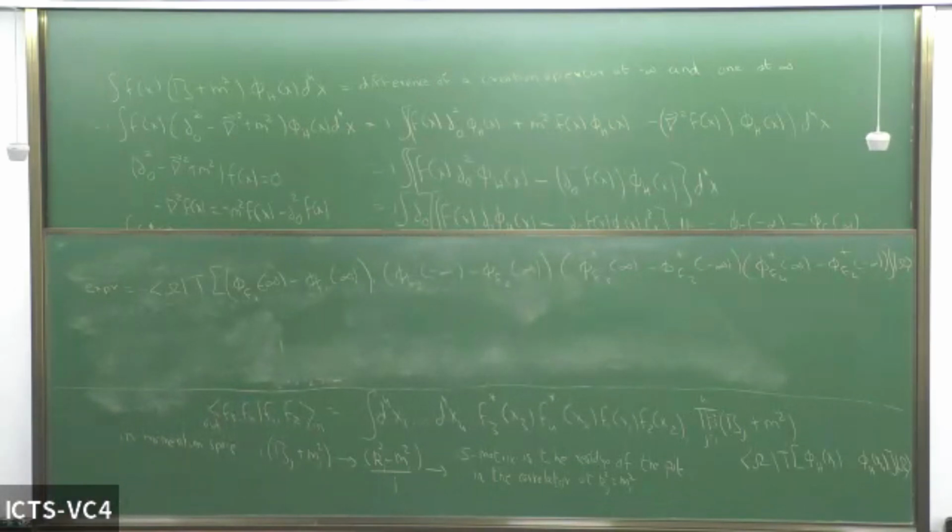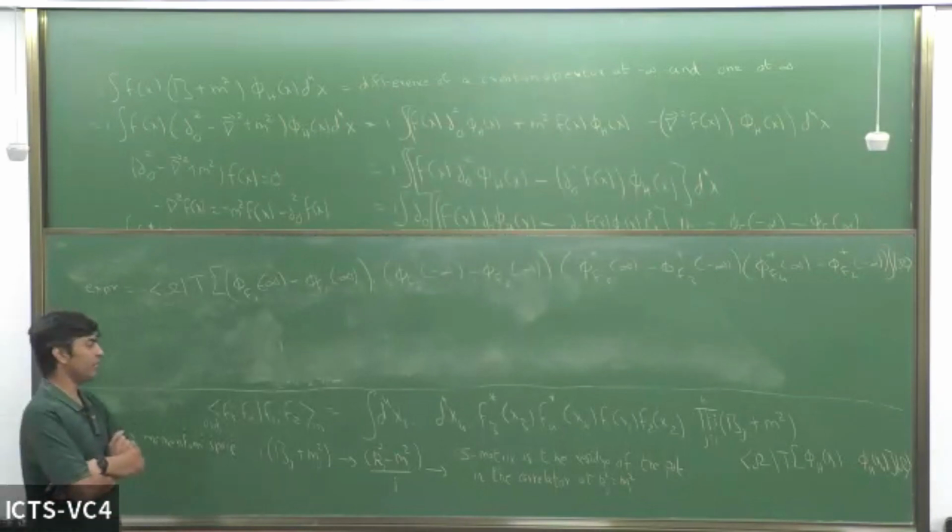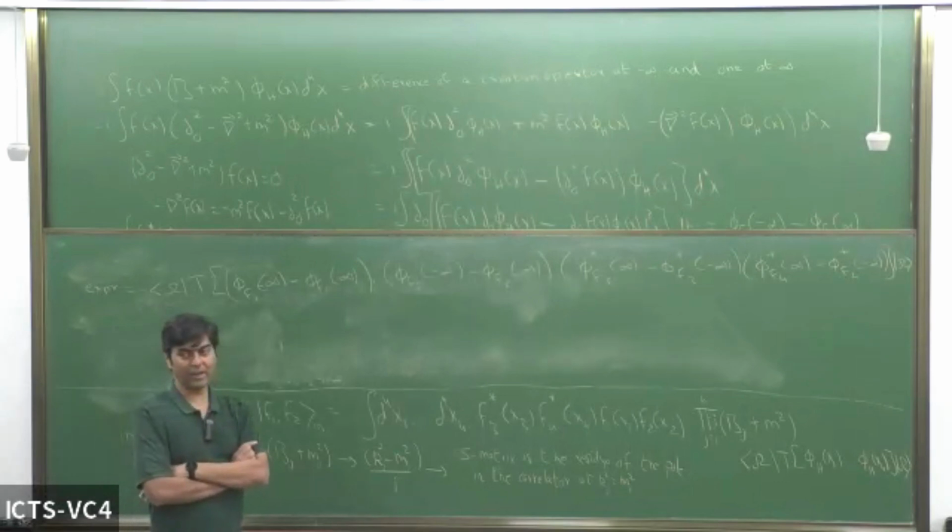Why can't I use the perturbation result? What perturbation result? The one with the interaction of phi1, phi2 times S. You can use it, but why do you want to use it right now? That S was our definition of e to the i integral of H_I dt.